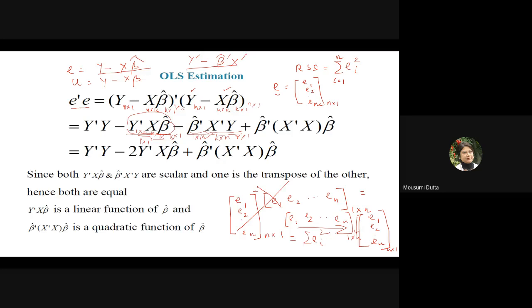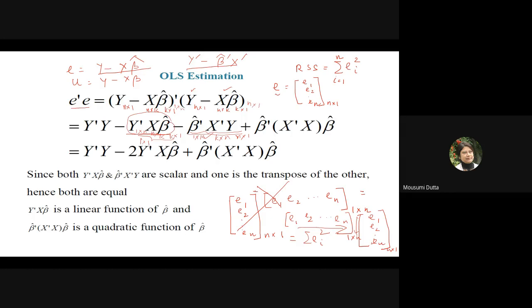When we take the derivative with respect to beta hat, it will not appear because there is a single beta hat; this coefficient is a linear function of beta hat. The third one, beta hat prime X beta hat, is a quadratic function of beta hat. Here X prime X is in between, but we are multiplying beta hat prime by beta hat.